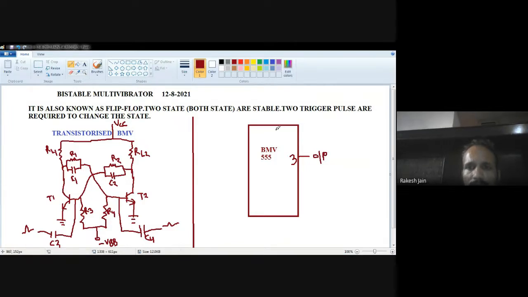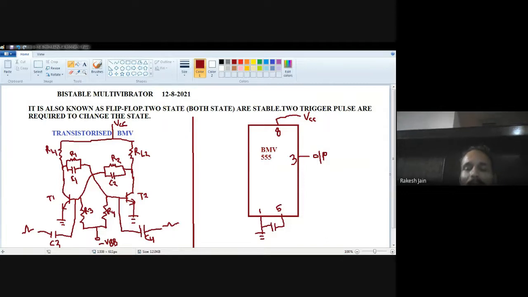The eighth number pin is connected with the VCC. Here I do not use the word that it is shorted with the fourth number pin, like in all those cases. The first number pin is always grounded, so here also the first number pin is connected to the ground. The fifth number pin is connected via a small disk non-electrolytic capacitor of 0.01 microfarad or 0.1 microfarad.